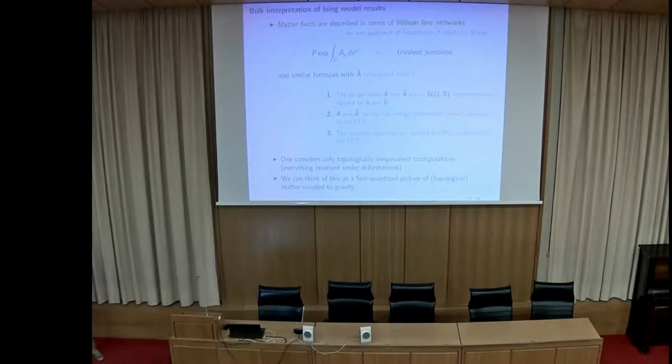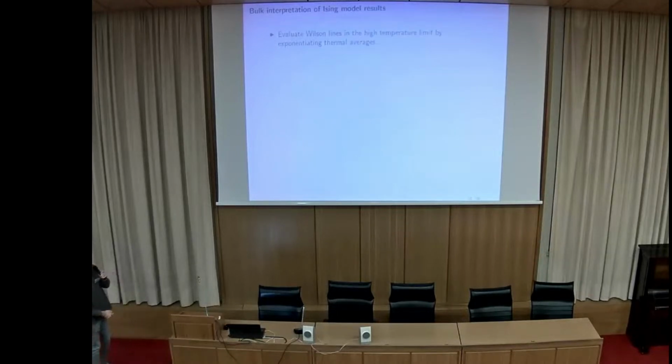And of course, the computations are completely gauge invariant, so it's standard to choose a simple geometric gauge in some way. We relate those Wilson lines at high temperatures just by exponentiating the thermal average. Therefore, the corrections will be connected correlation functions of the energy momentum tensor.